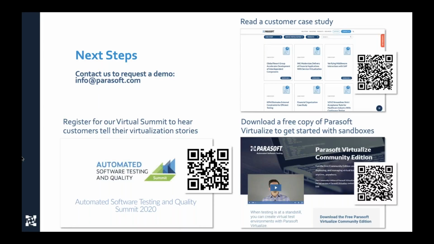Parasoft's functional testing solution, SOAtest, has something called the JSON validator tool, which enables users to validate their JSON schemas against the response payloads based on what's defined in their Swagger or OpenAPI definition file.